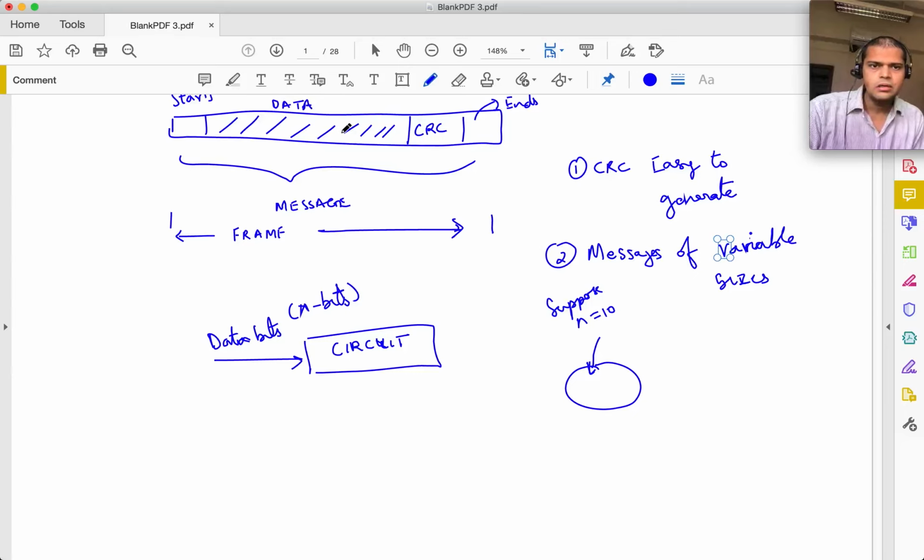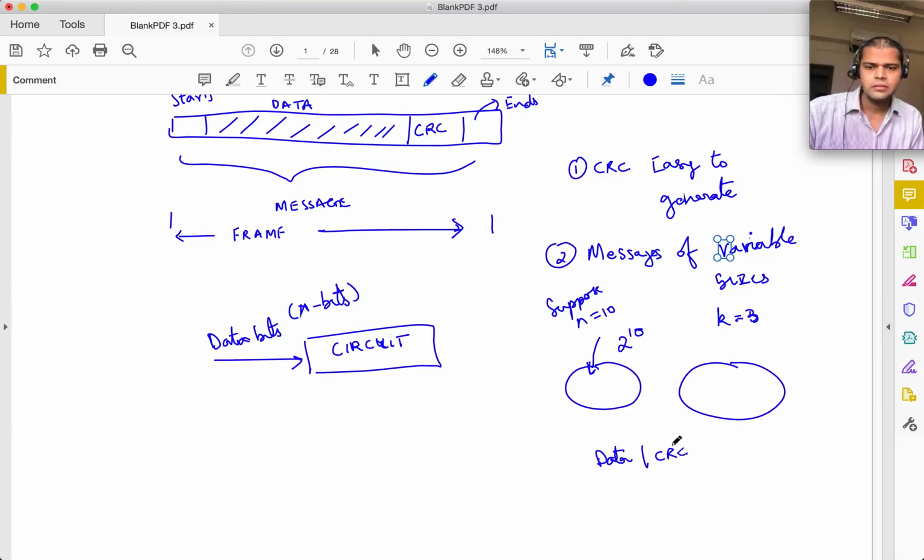So the total data types that you can have of length n bits is 2 to the power of 10. And suppose the CRC is of 3 bits. So this is just an example. So then we are concatenating the data and CRC, and we have 2 to the power of 13 of these.